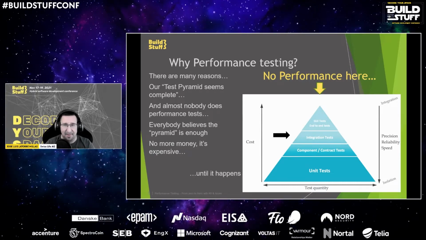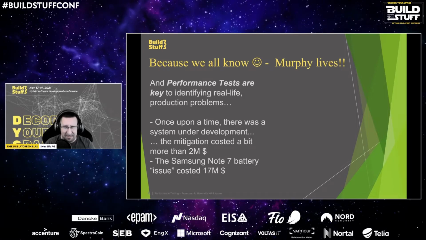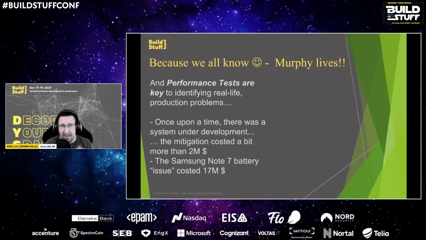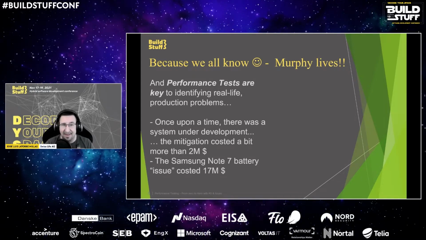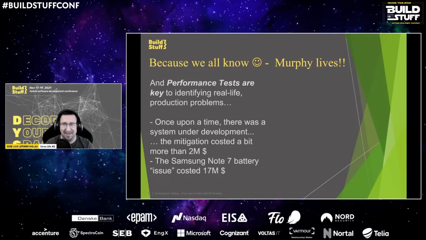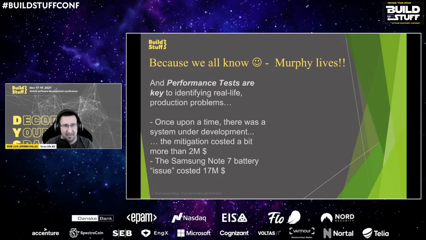We all know Murphy lives, right? And performance tests are key to check real-life conditions. They are essentially the only way, unless you want your customers to do your testing, which is not a good idea. You know what happened with the Note 7 fiasco.